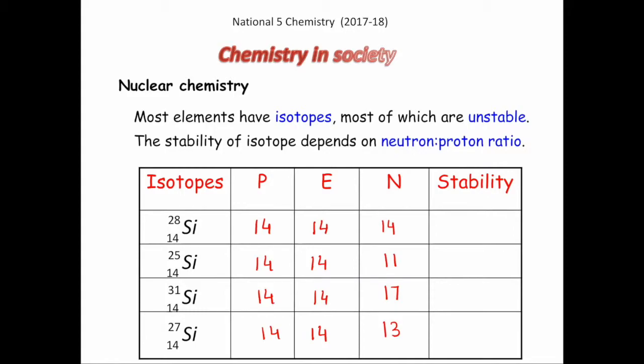So the first one has a neutron-proton ratio equal to 1, so this would be said to be most stable. And the one with the maximum difference, 17 and 14, has the maximum difference between the number of protons and neutrons, so this would be the least stable of all the isotopes.